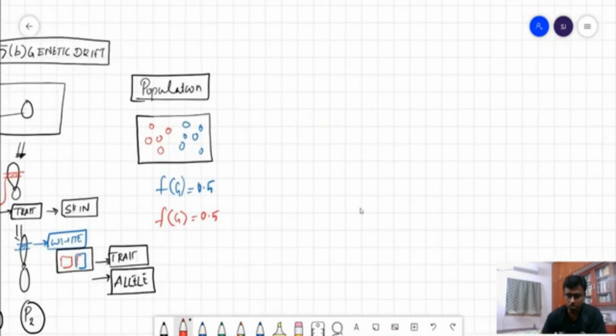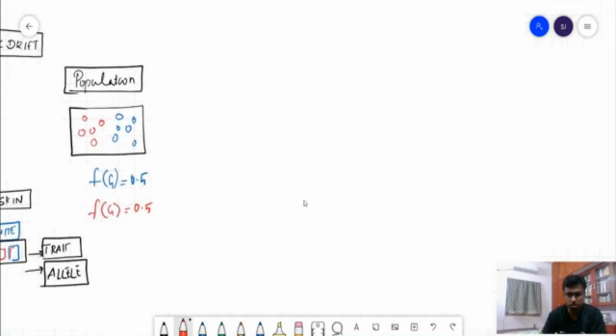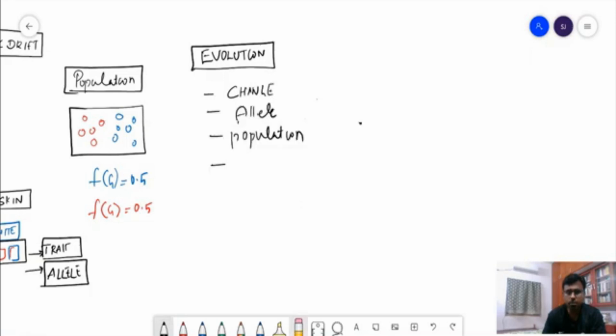But now we come to this concept called evolution. What is evolution? You have to know. Evolution is basically change in allele frequency in a population from one generation to the next.